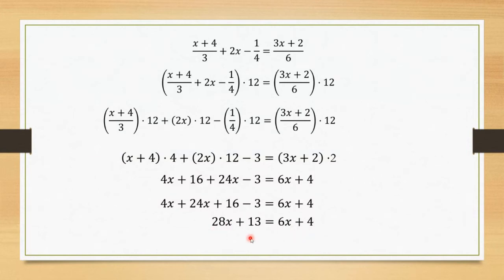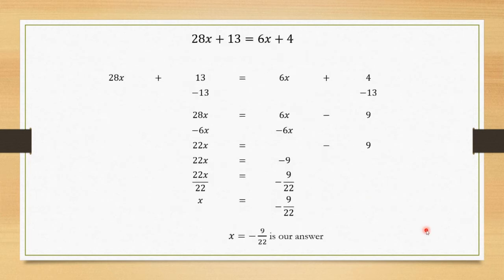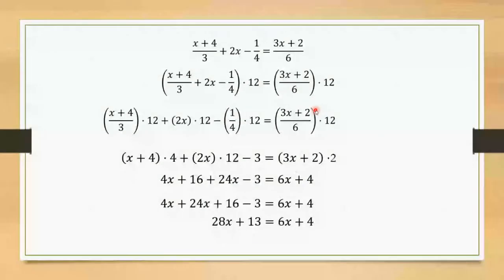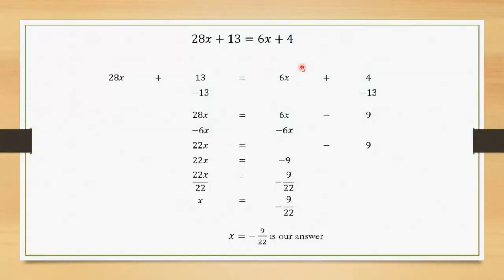And this one's a lot easier to solve, right? That's why we manipulate equations. We're trying to get something that's easier to deal with. And here, this is all the other steps. It's just like before. The idea is the same. You want to get x all alone on one side, and everything else on the other side.